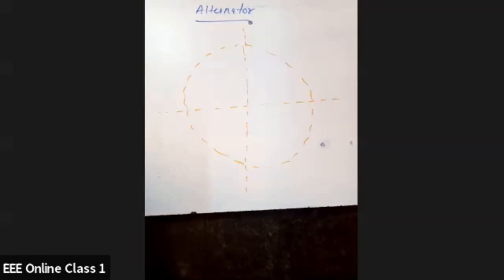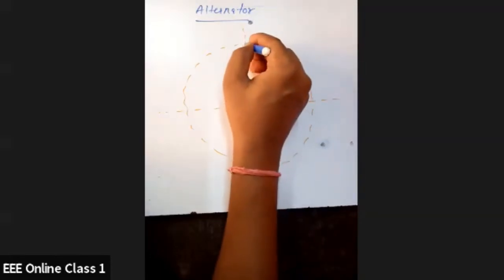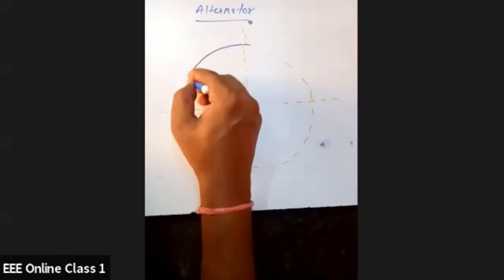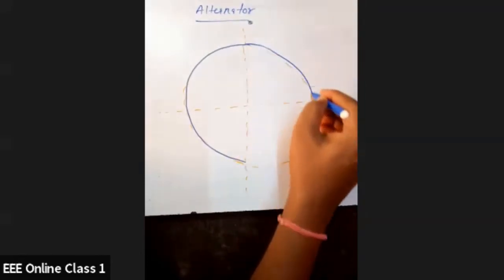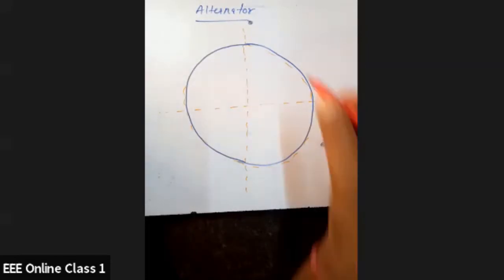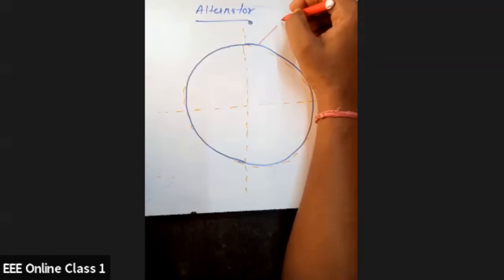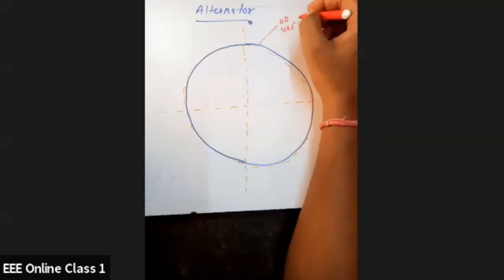I'll draw the outer diameter. This is my first one, stamping OD. Outer diameter is 405. So I'll mention here, this is OD 405 mm.